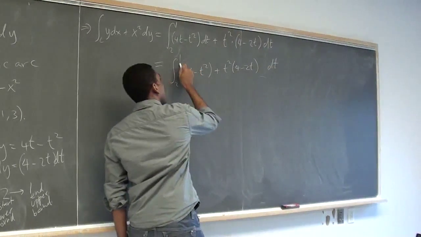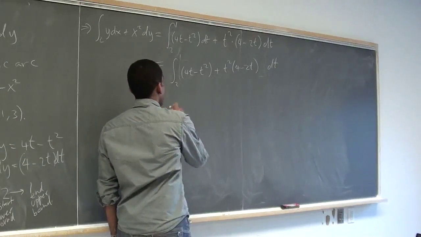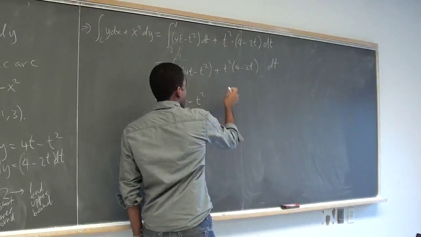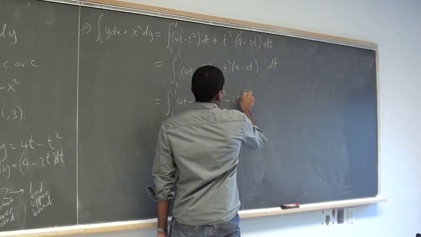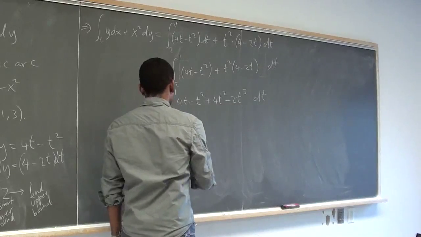And write brackets here. Okay? And now you just do that integral. So the integral is a single variable polynomial. So it's 4t minus t squared, multiply that out, 4t squared minus 2t cubed. Combine the squares.